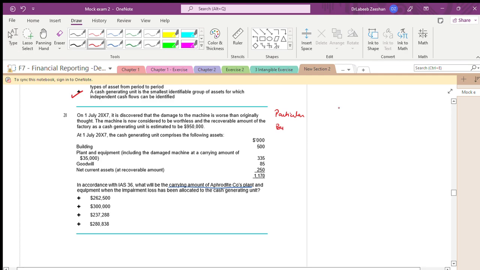Buildings is there. Plant and machinery is there. Goodwill is there. And net current assets is there.